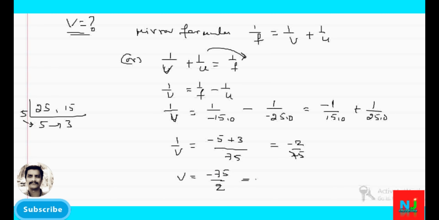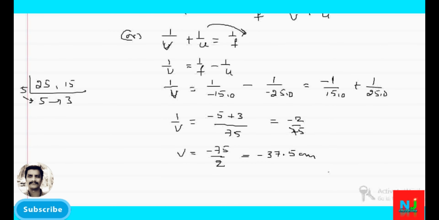Otherwise, it is equal to minus 37.5 centimeter. If you do the calculation using the calculator, we will get the same answer, minus 37.5 centimeter. That is the distance at which the screen should be placed in order to obtain the real image.